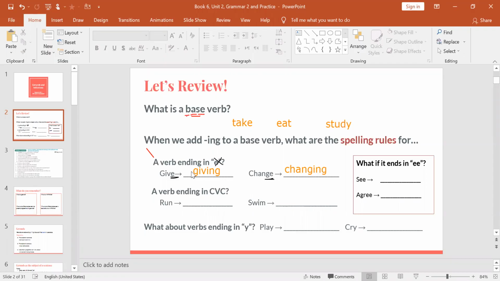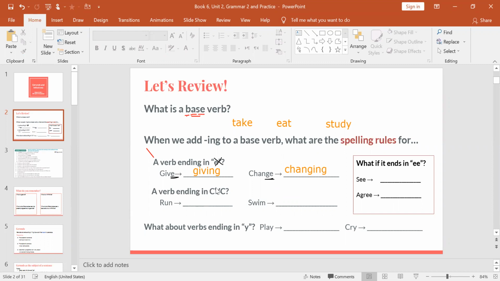Give goes to giving, and change becomes changing.